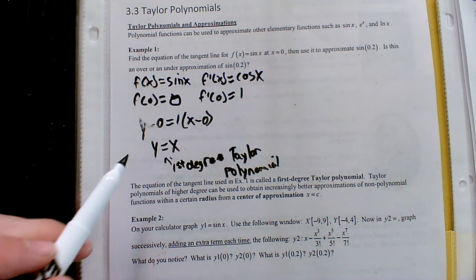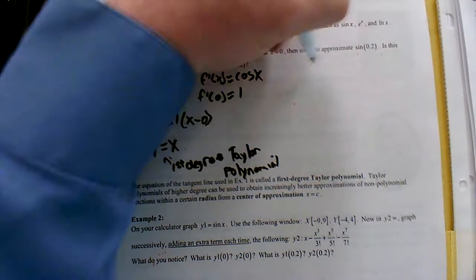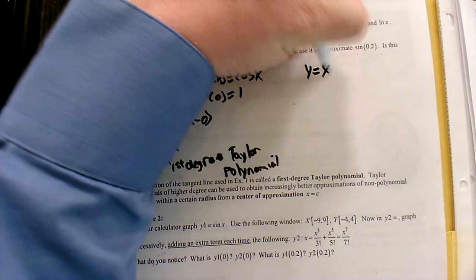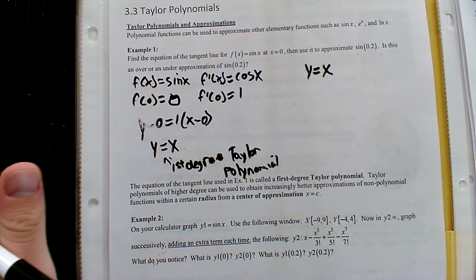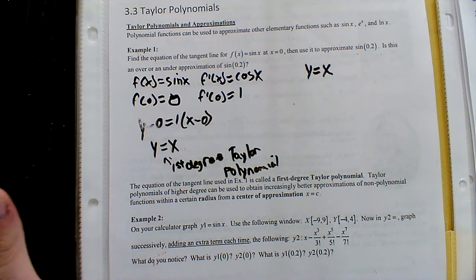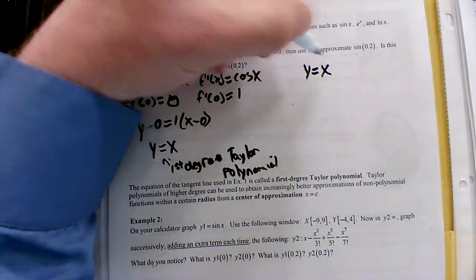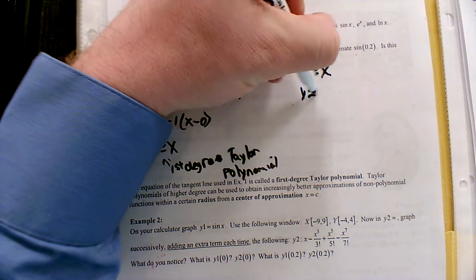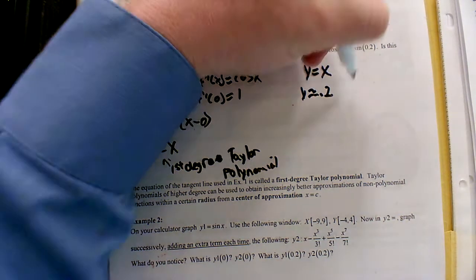So this is what we're using as the approximation. We're saying y is equal to x. What value do we want to approximate at? 0.2. So using our approximation, we're saying that y is about 0.2. That's our approximation.